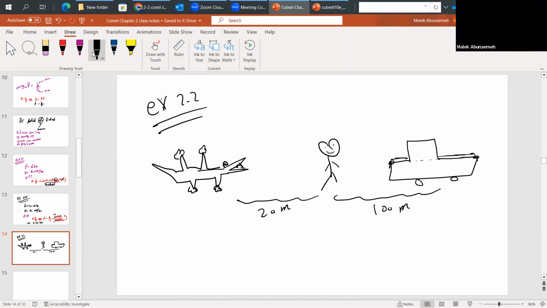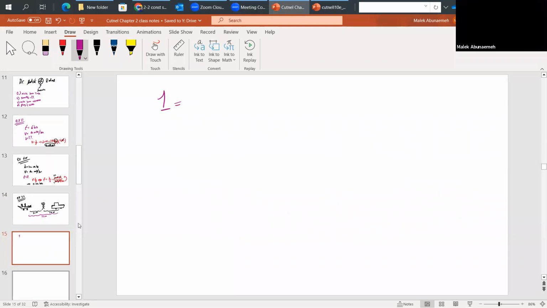That means the total distance from the car to the alligator is going to be 120 meters. I'm going to say one is the man and two is the alligator.